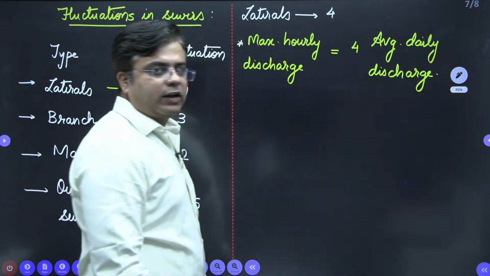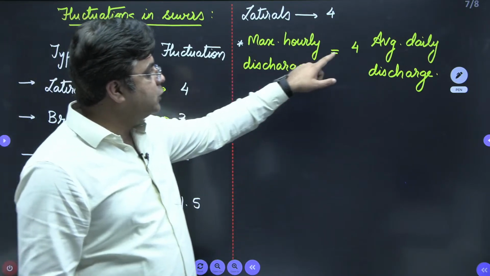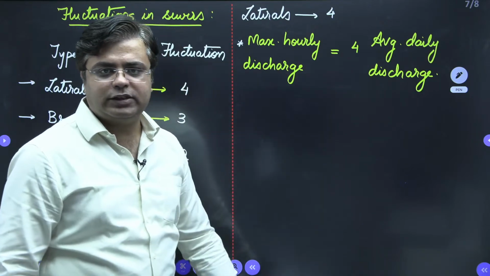So, how we are using the fluctuation? Maximum hourly discharge for laterals is 4 times of average daily discharge.